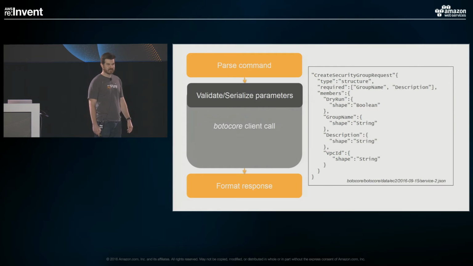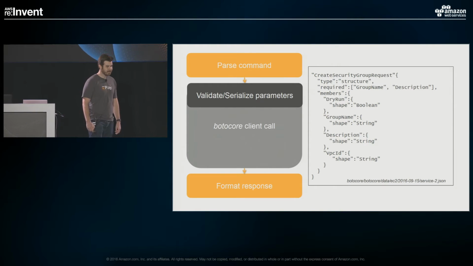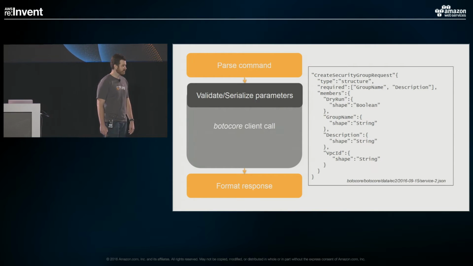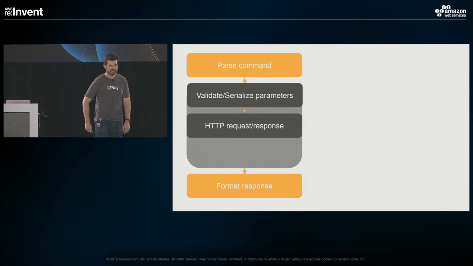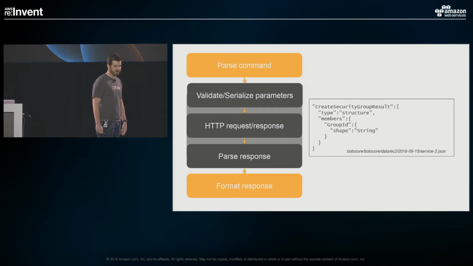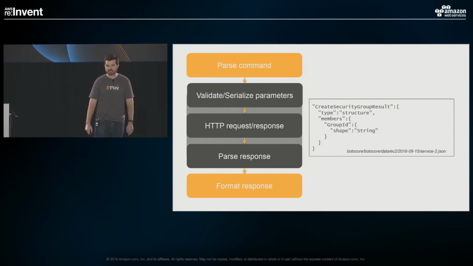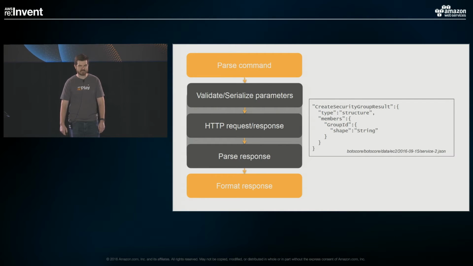It has a bunch of information related to the input, such as the valid parameters you can pass in, what their types are, and even what's required. So using this information, Botocore will validate it and then serialize it down to an HTTP request. It'll then send that request, and a response will be received back. And with that response, Botocore will then use the output of this model, you notice the create security group result, to actually get it into a format that the CLI could consume.